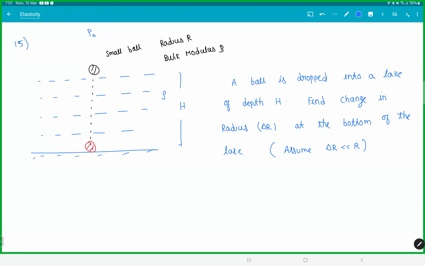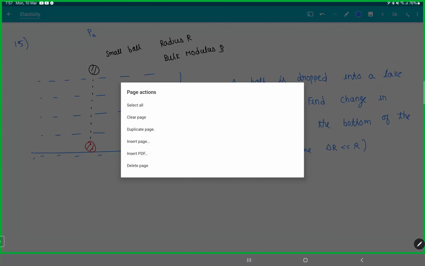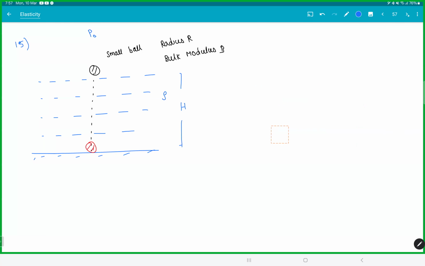This is just, look at the formula. Whatever you need, everything is there only. Bulk modulus is minus dp by dv by v.